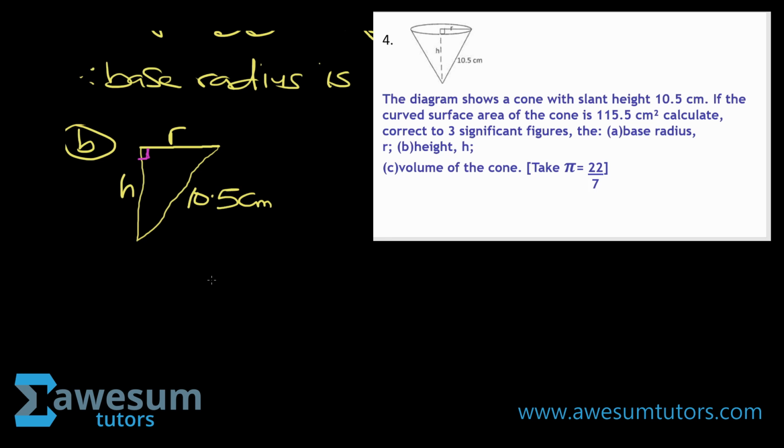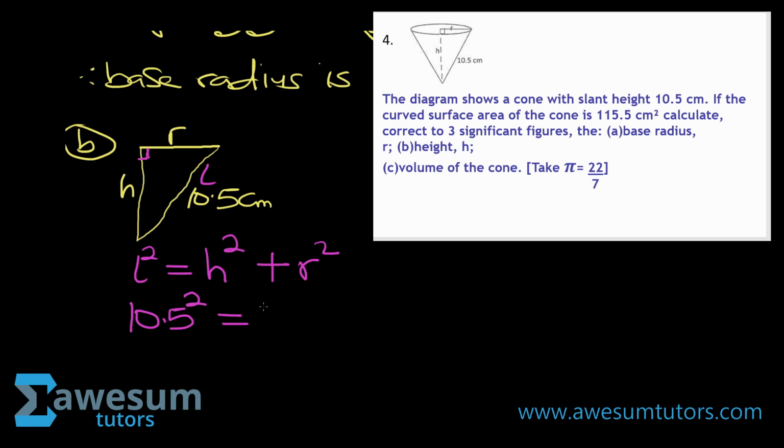If you remember your Pythagoras theorem, we already know that this is L, so I can say L squared, that is my hypotenuse squared, equals the opposite H squared plus the base radius, which is R squared. Now what is my L squared? 10.5 squared, right? Because we know L to be 10.5.